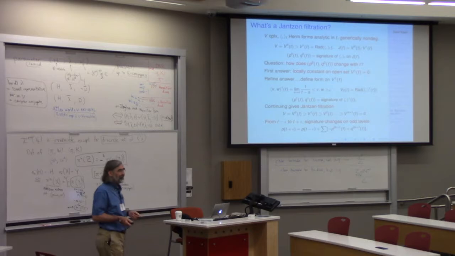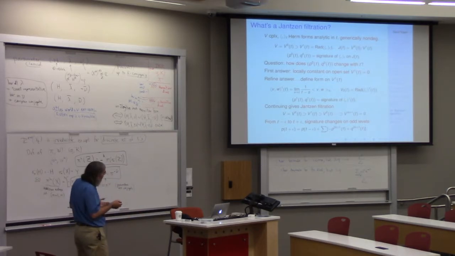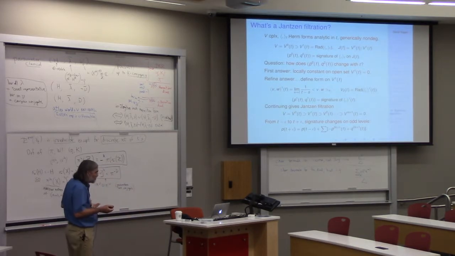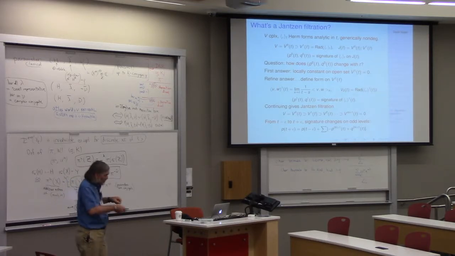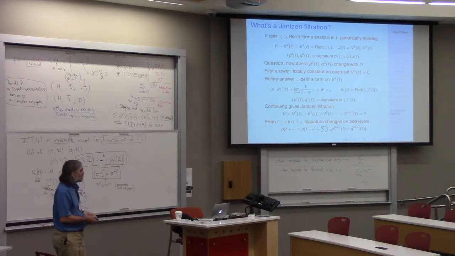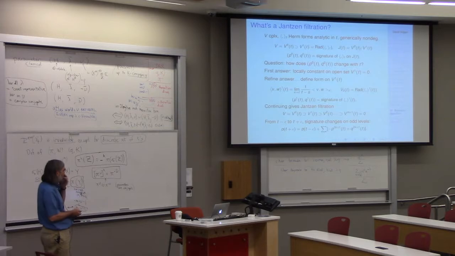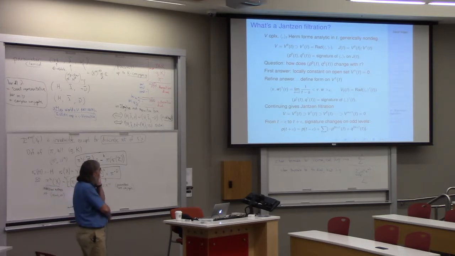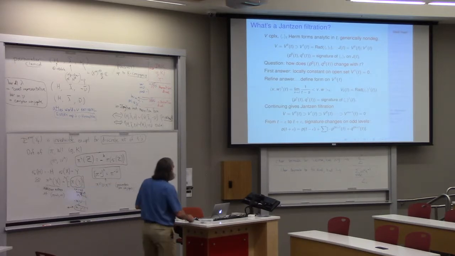That's all it is. There's some nice, mildly serious linear algebra required to diagonalize things enough to make that the problem, but that's exactly what it is. Okay, so crudely, that's what a Janssen filtration is.